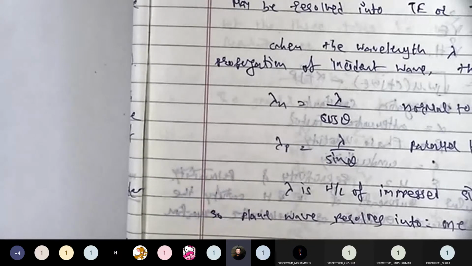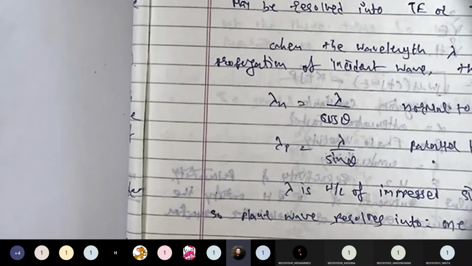So ultimately, I just want to convey that now we have such a field, which you consider as either a TE or TM field or wave. So this is the way you can conclude that there is not a TEM wave present inside the guide.